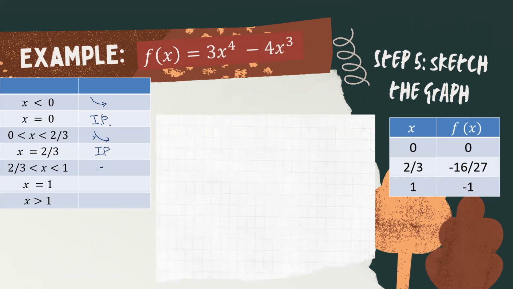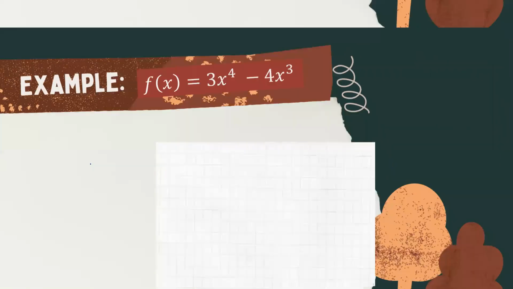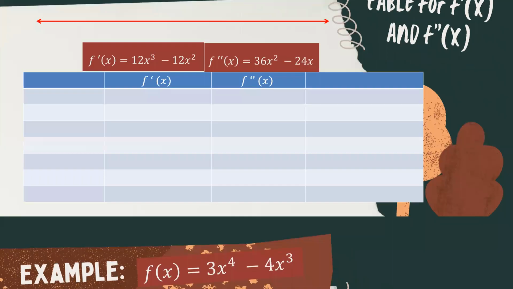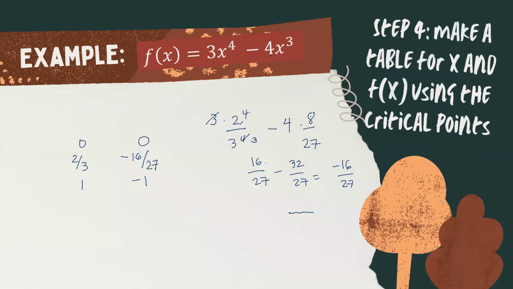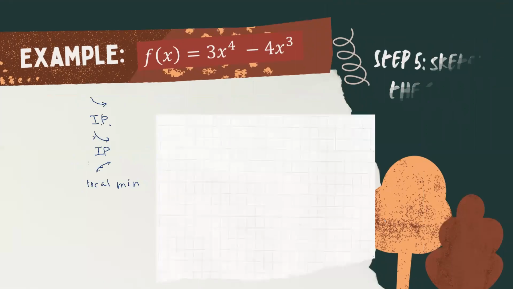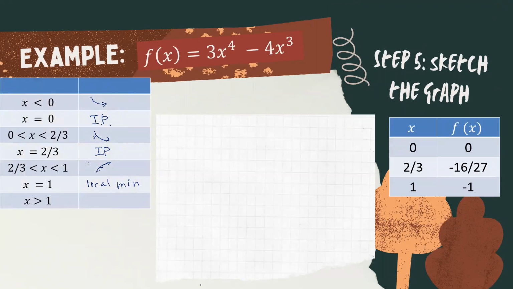Increasing concave downward. Ay, tama ba? Tapos ito yung local minimum. Sorry, dapat decreasing muna pero ano nga ba yun? Balikan natin ha. Decreasing, ayun, decreasing tapos concave upward. So, decreasing concave upward dun sa 2/3 to 1.